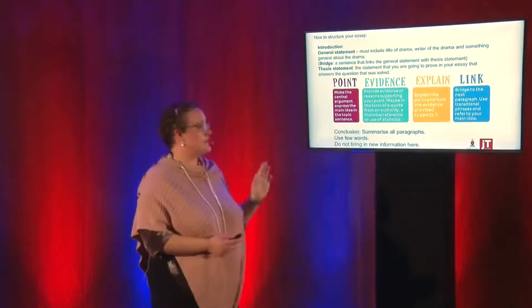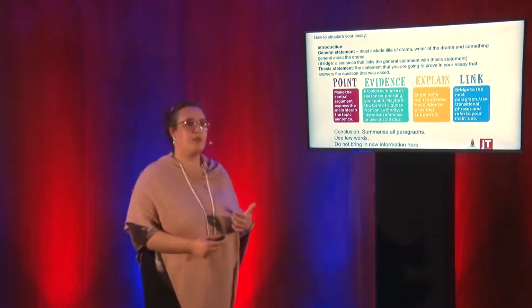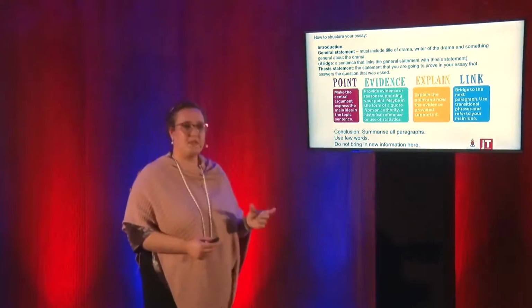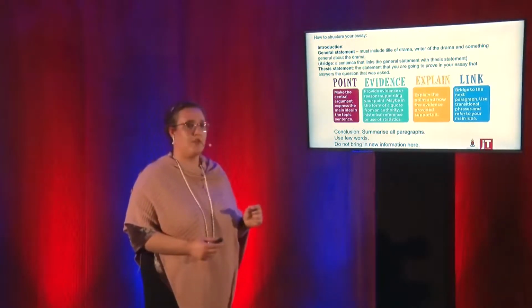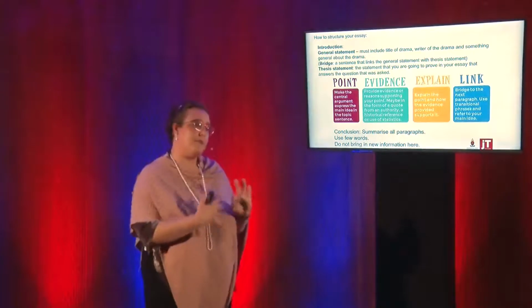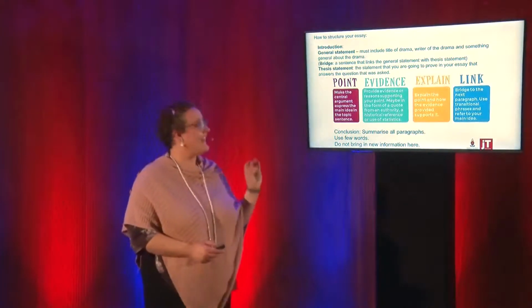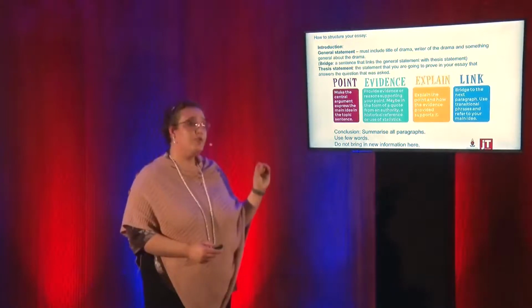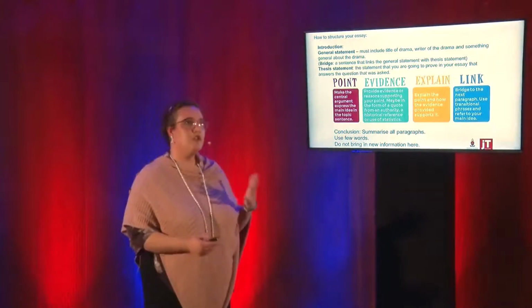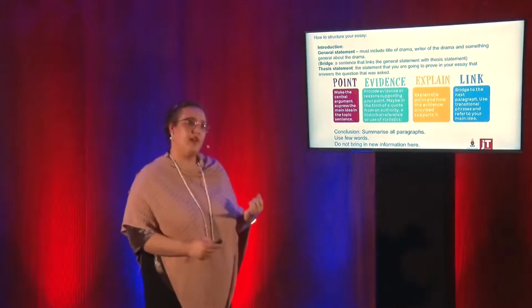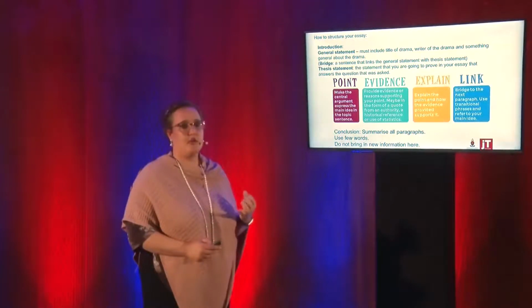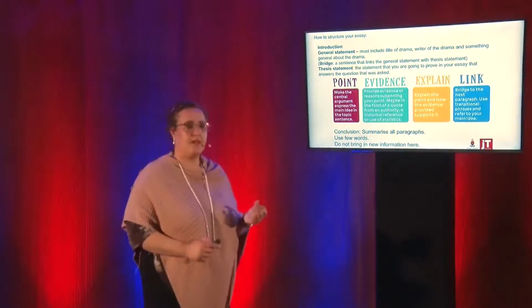So in your evidence, I'm now supporting what I'm going to say in my point, the statement that I've made in my paragraph. You have to have 3 pieces of evidence to ensure that you actually are successful in analyzing and proving that statement. You'll say, for example, that Othello is made to believe that Iago is an honest man.